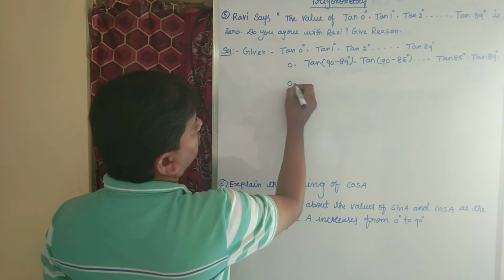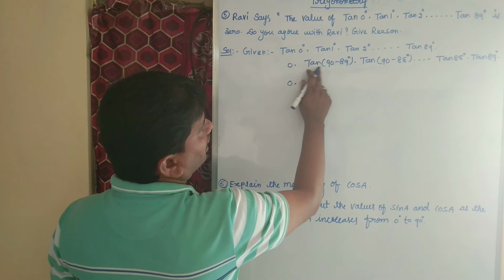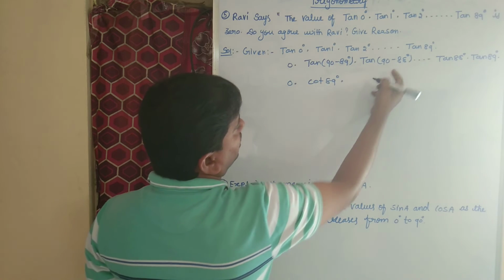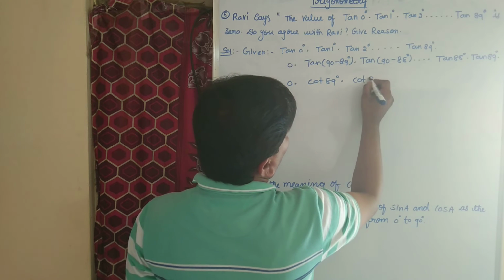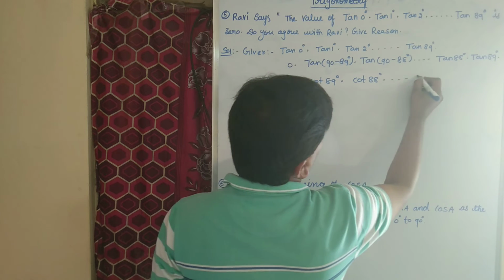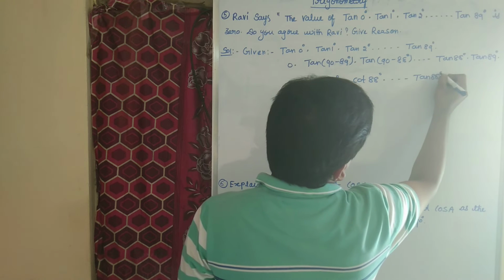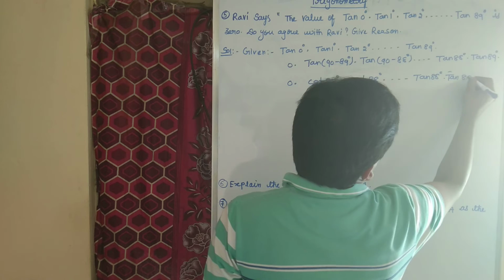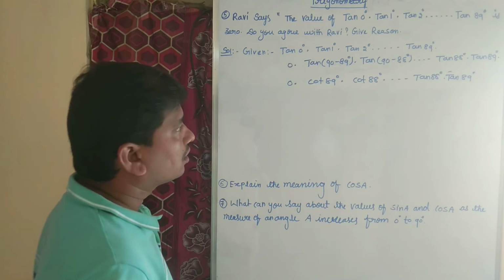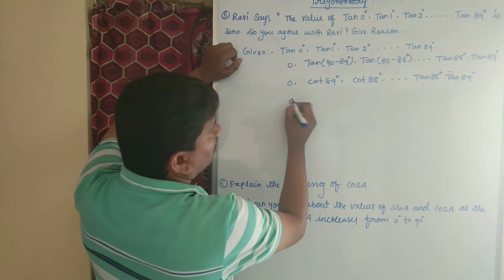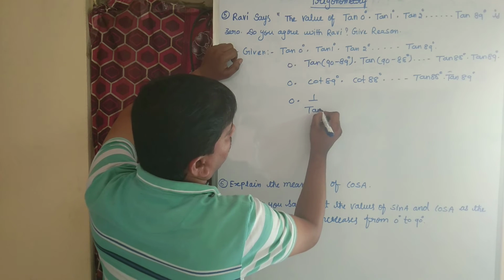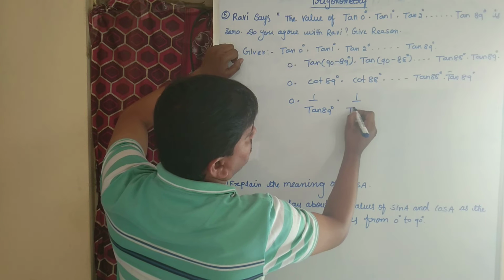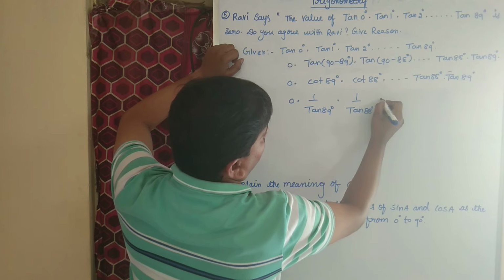So 0 into tan of 90 minus 89, which is cot 89, again tan of 90 minus 88, which is cot 88, and so on into tan 88 into tan 89. Cot 89 I can write as 1 by tan 89, cot 88 I can write as 1 by tan 88, and so on.